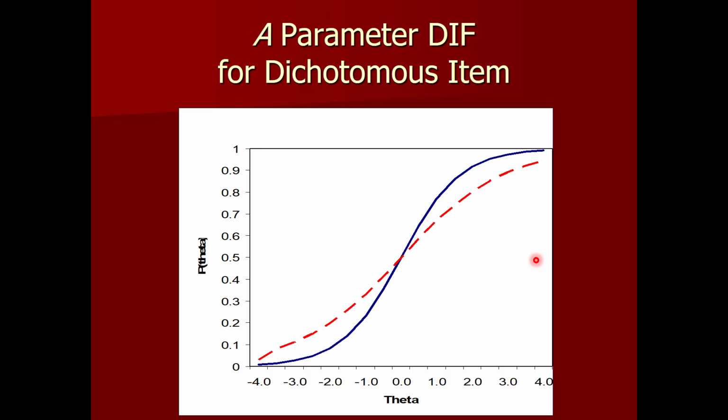I typically like to use an individual approach. If you are an individual, which you are, and let's say you have a high theta, there is a clear advantage to being in the blue group for you. That's really what I think matters: individuals in the sample, are they disadvantaged based on group membership? In this case, they clearly are. People in the blue group up here are being advantaged and people in the red group are being disadvantaged. And the opposite is true down here. But there still are individuals, who really can't control their theta, who are going to see a disadvantage on this item.